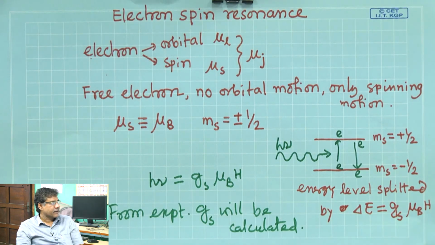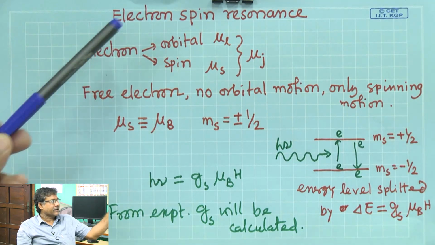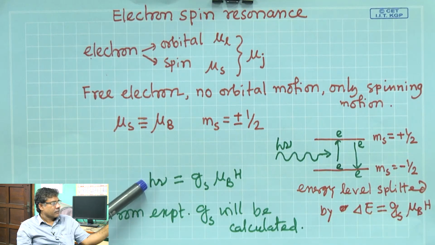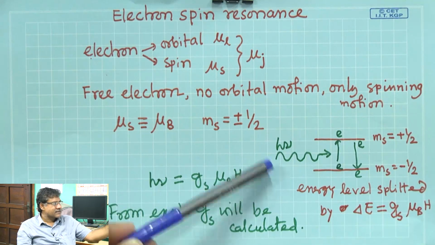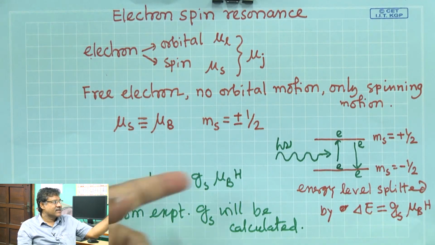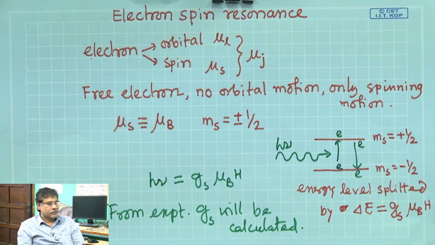So in electron spin resonance, from this relation at resonance, if we set the experiment to achieve this condition, then one can calculate the G s value.